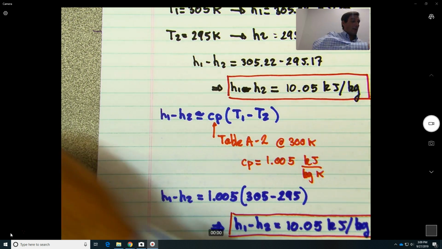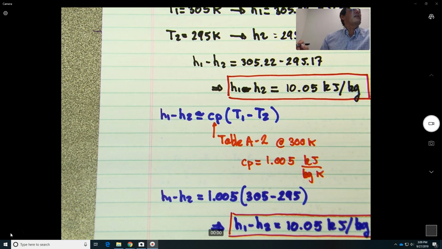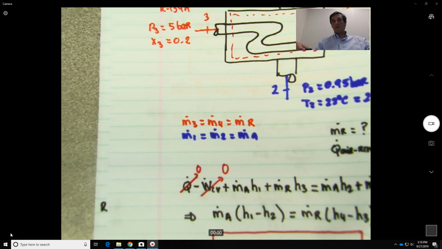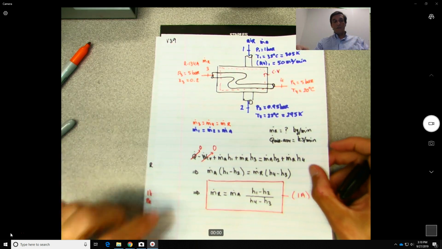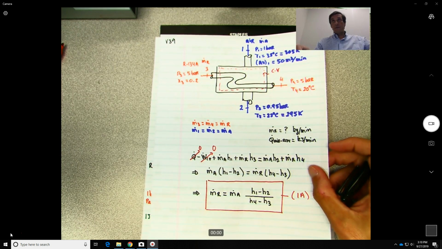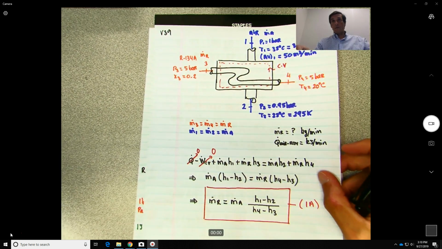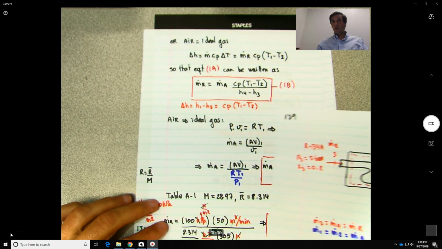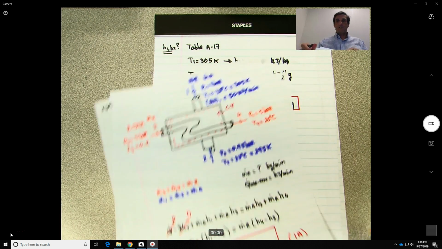Okay, so now we can go back to either equation 1a, which is this one here, or 1b, this one here, to solve for the mass flow of the refrigerant.